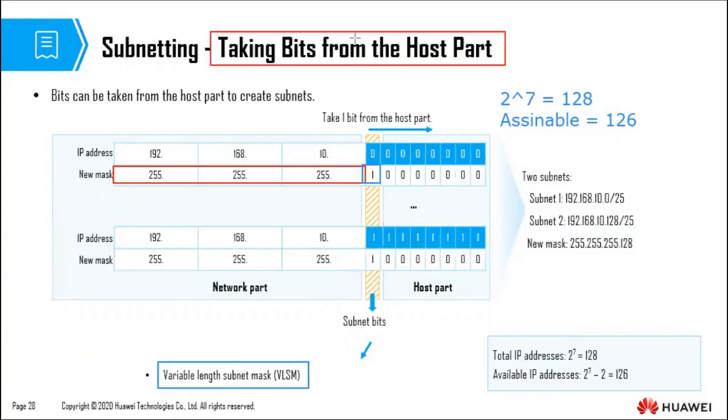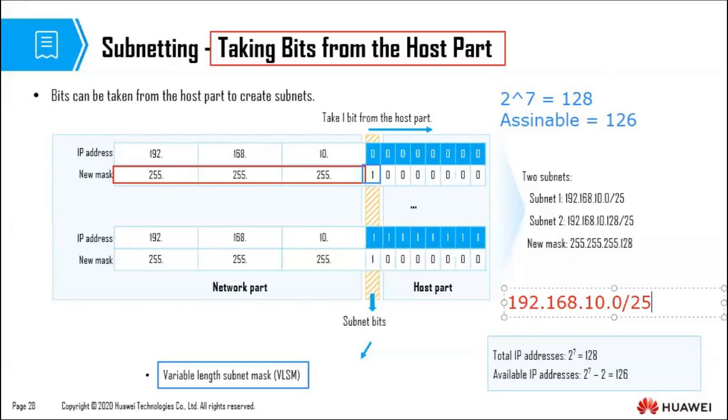Now, with that, this address is going to be written as 192.168.10.0/25. Before it was /24, right? But now we've increased by 1, so it's now /25.